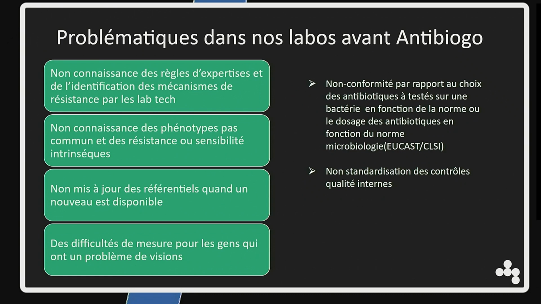They didn't know the various resistance mechanisms, and they lacked knowledge about the resistance phenotype. They didn't know much about the intrinsic resistance and sensitivity of bacteria. And we'll see that most of the causes or the origin of the errors in interpreting ASTs are due to the lack of knowledge on the part of lab technicians.